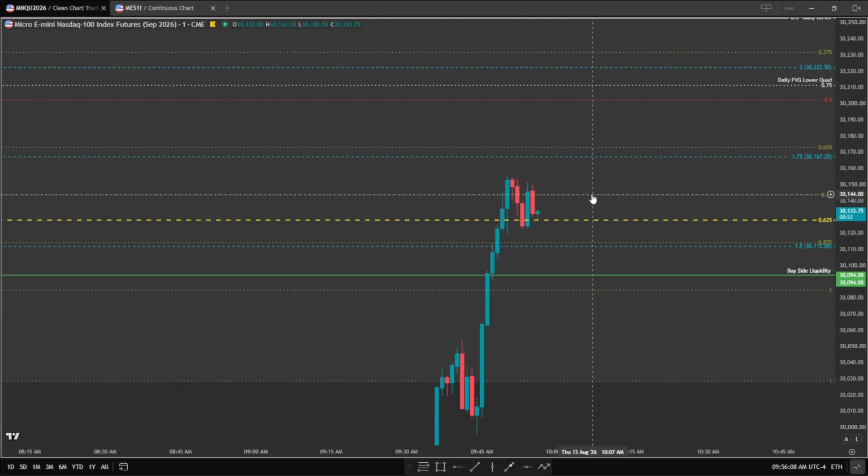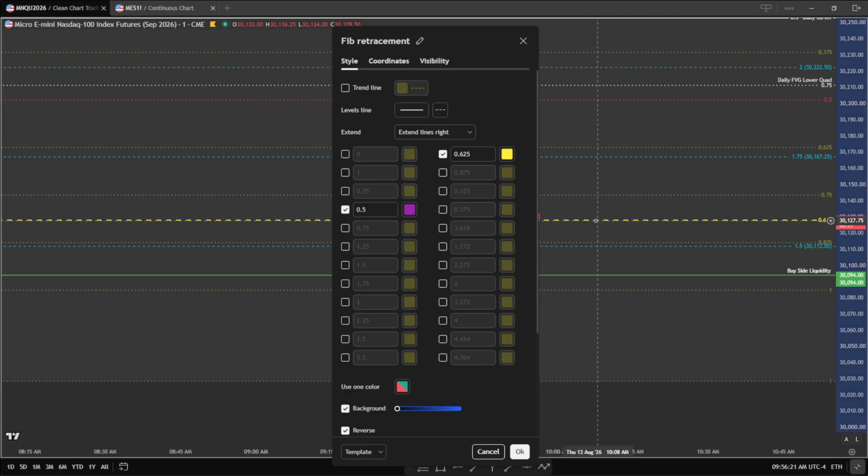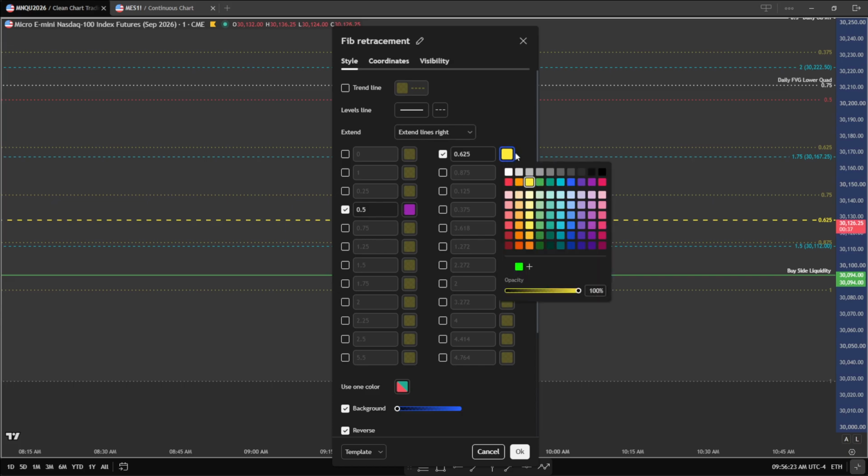So the yellow is that daily wick. That's the level. I don't want this to be a different color.